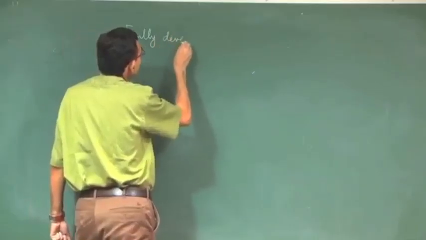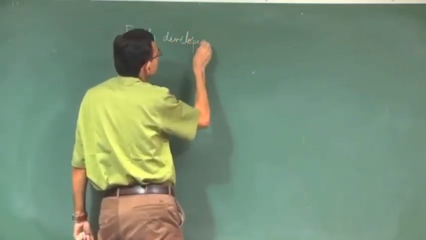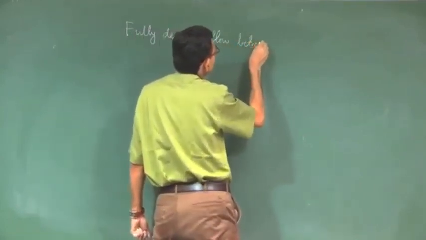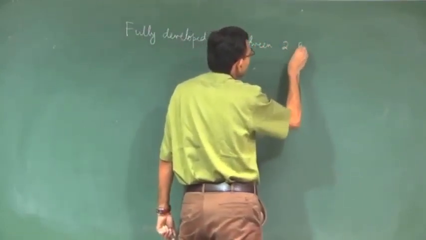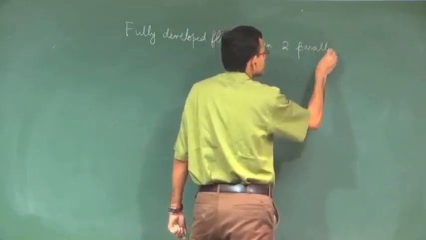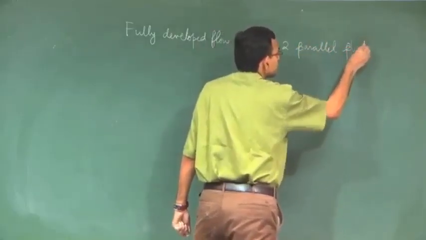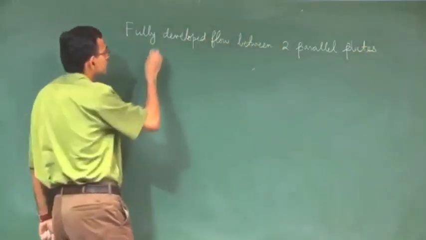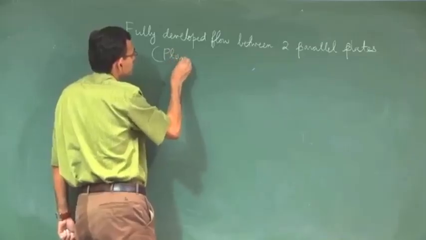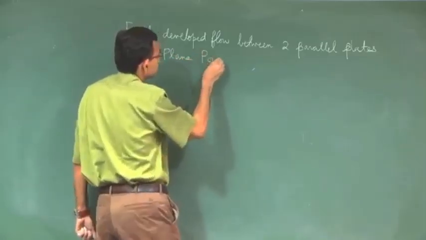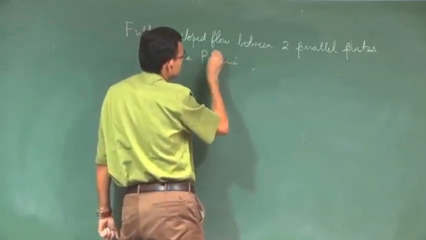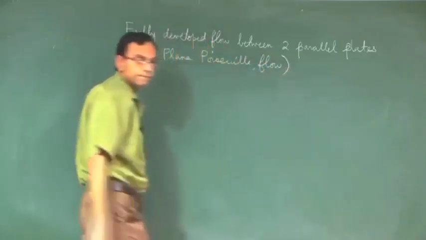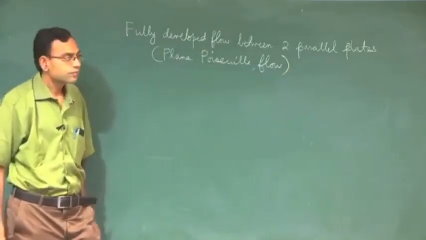Fully developed flow between two parallel plates. This is called plane Poiseuille flow.